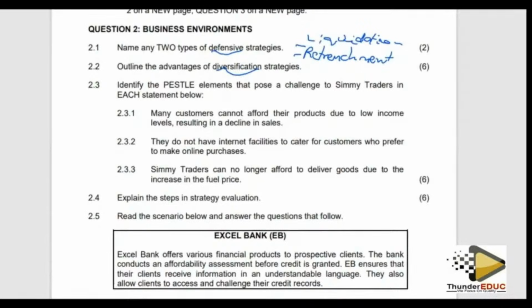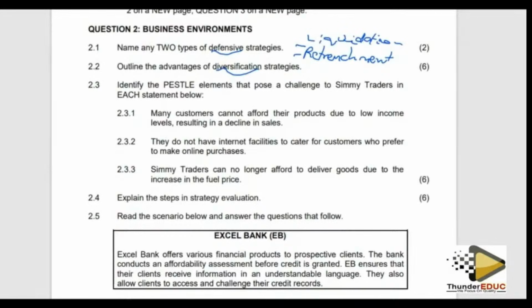So if they want to improve the margin of profit collection, they should engage either in new products, or they modify the existing product so that it can be of a higher quality and be appealing to the customers. In short, diversification means that you shouldn't put your eggs in one basket. Make sure that you concentrate on different aspects. A business should concentrate on different products, whether they introduce a new product or they modify or improve the quality of the product that they are already having.